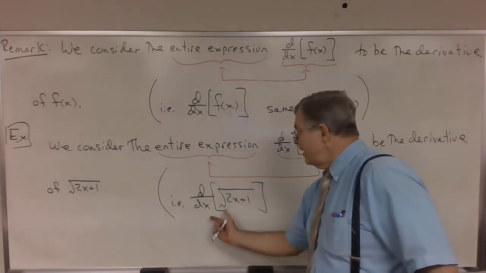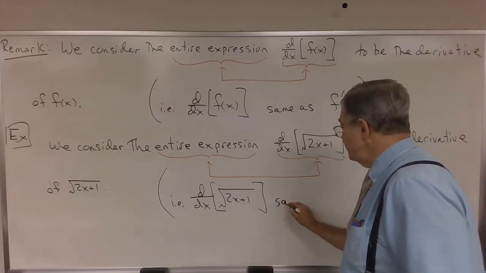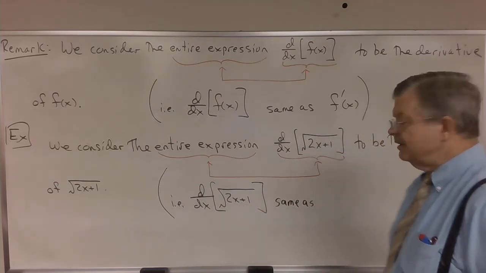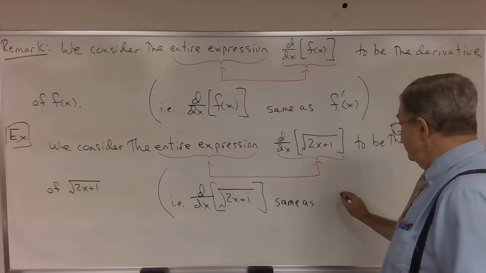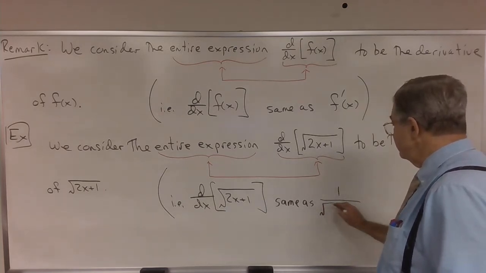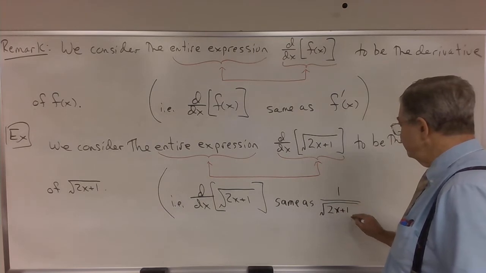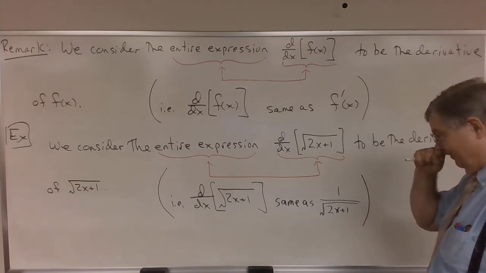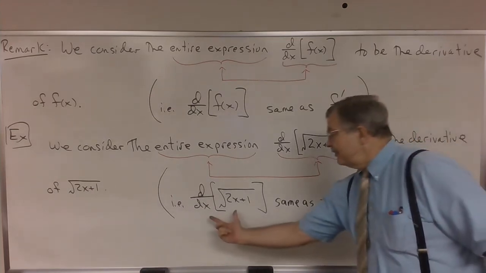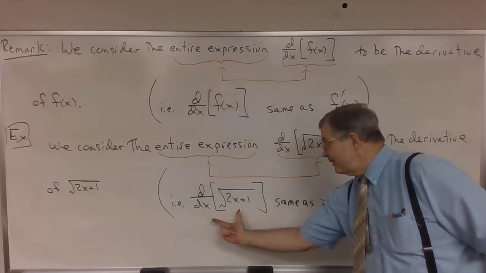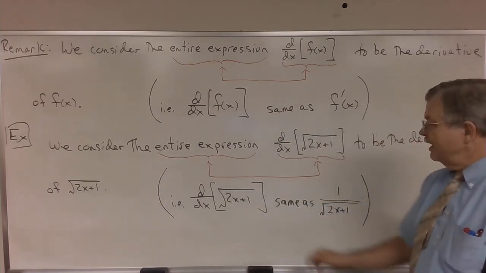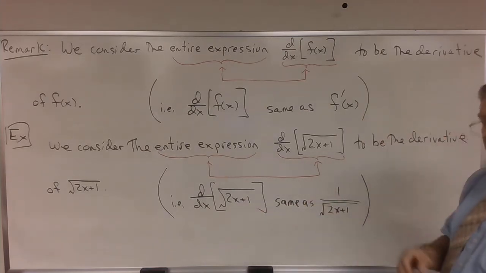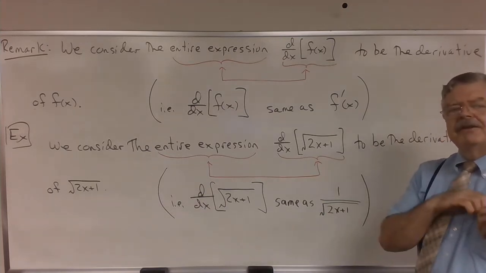So we consider this entire expression to be the same as what the derivative of this function was when we computed it. Do you remember what it was? I'm thinking it was 1 over the square root of 2x plus 1. So we consider this entire expression to be the derivative of square root of 2x plus 1. In other words, this thing is the same as that thing. Now, why am I making such a big deal out of notation?